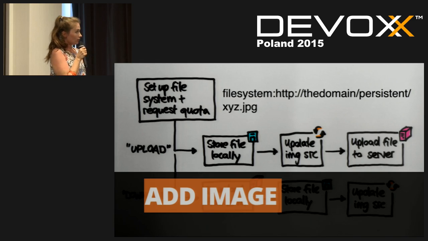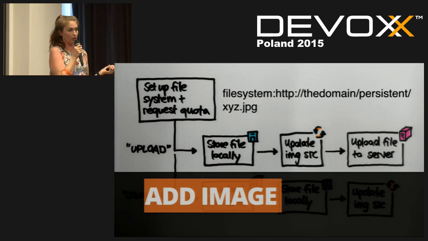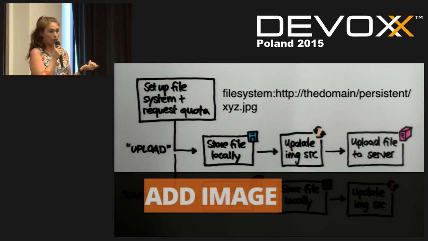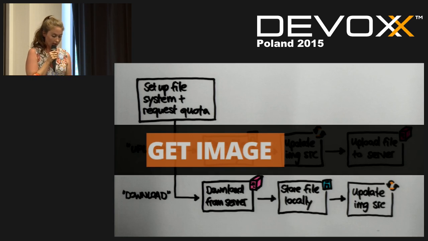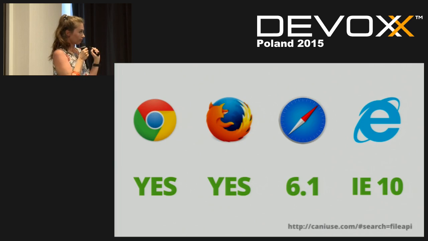And the image source looks kind of like this: filesystem:http:// and then the domain, because that's how File API distinguishes between the different applications that may use File API, /persistent, and then /the image name. And then once the user is online, we upload the file to the server. And actually, to get the image, we do the same steps, just in reverse. So we download it from the server, store the file locally, and then update the image source.